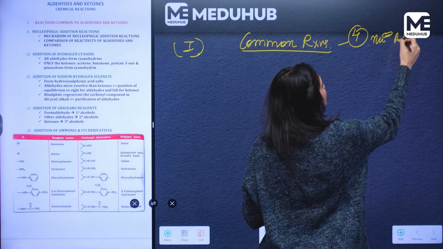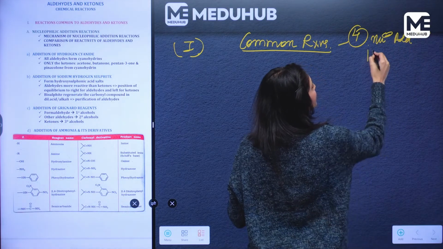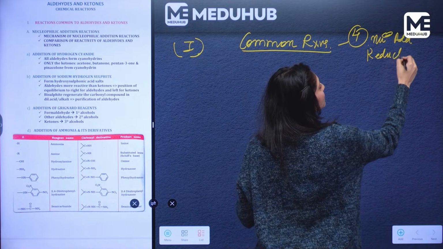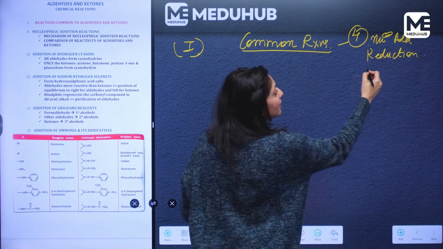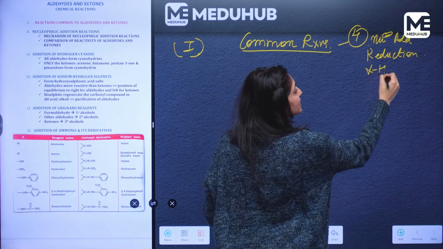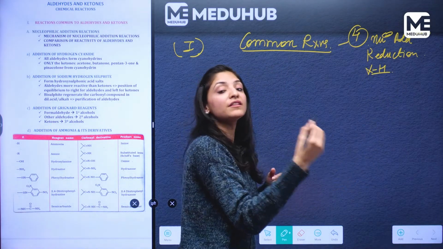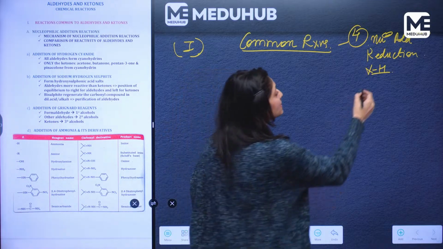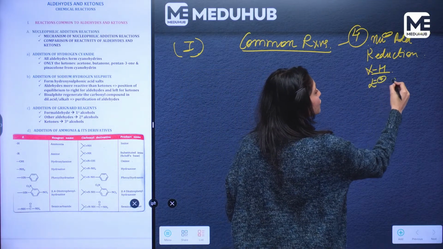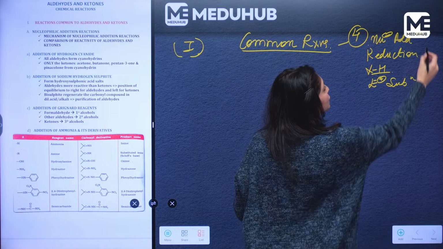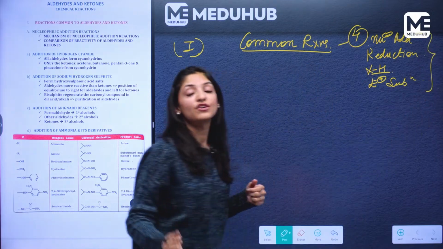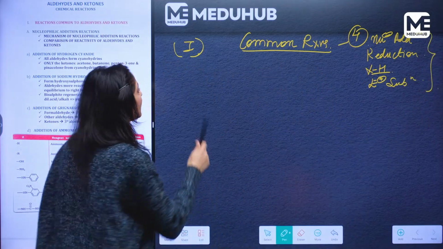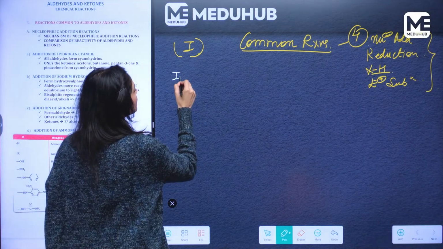The second is reduction reaction. Then there are reactions which are due to the acidity of alpha hydrogen. And the fourth category, which is valid for aromatic aldehydes and ketones, is electrophilic substitution. So these are the four types of reactions which are common. We'll start with the first one, that is nucleophilic addition.